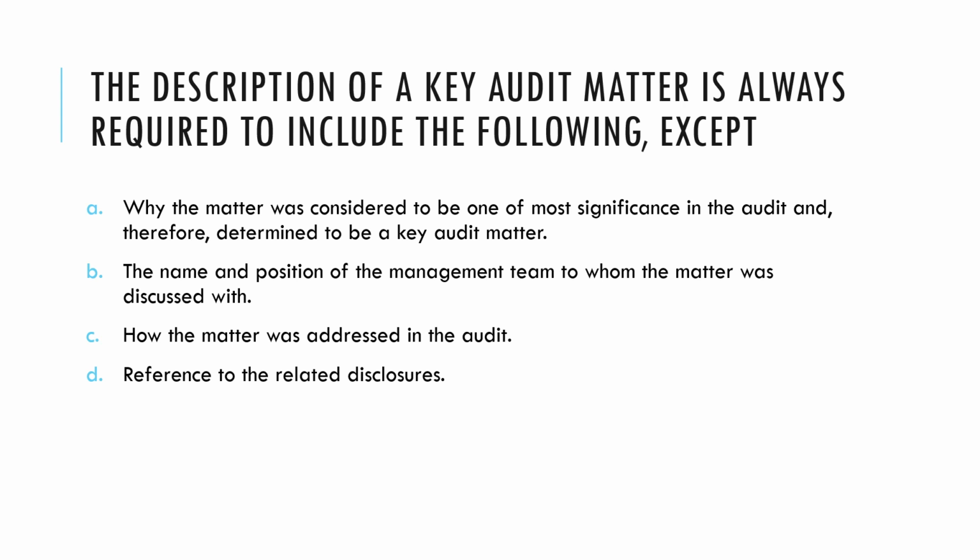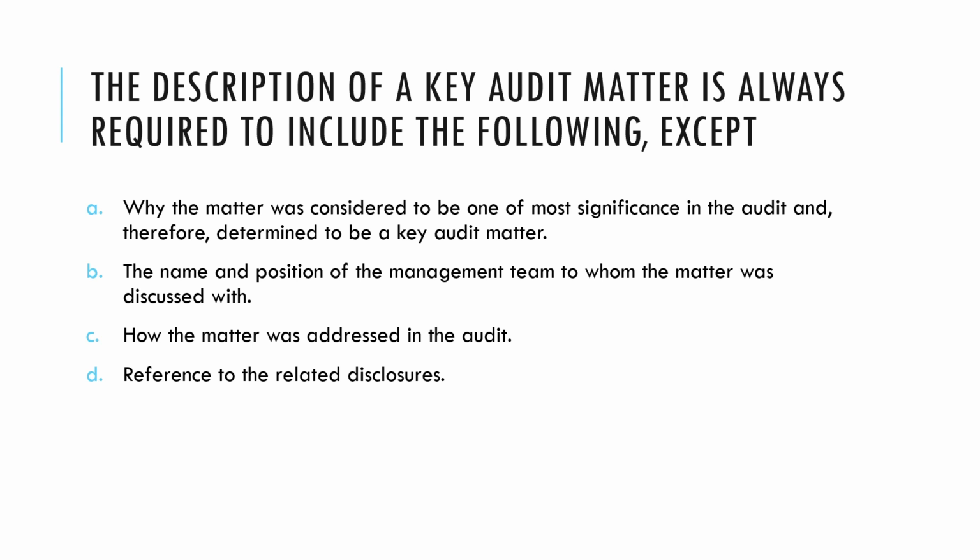Next, we go back to CAMs or key audit matters. The description of a key audit matter is always required to include the following except letter A, why the matter was considered to be one of most significance in the audit and therefore determined to be a key audit matter. Letter B, the name and position of the management team to whom the matter was discussed with.